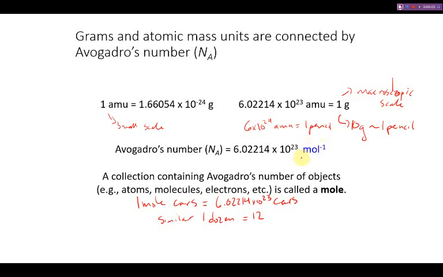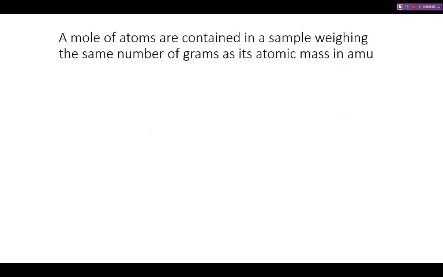And again, as I point out here, it's important to note that this is not just a number, but it's a number per mole. Okay, so another way of writing this is 6.022 times 10 to the 23 per 1 mole. And this could be of anything. So if you had a mole of atoms and you weighed them out, the same number of grams is equal to its atomic mass in AMU.